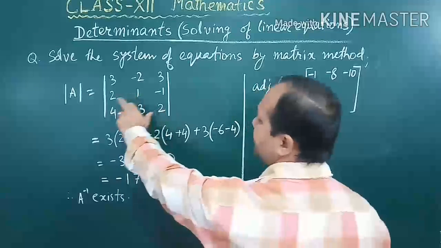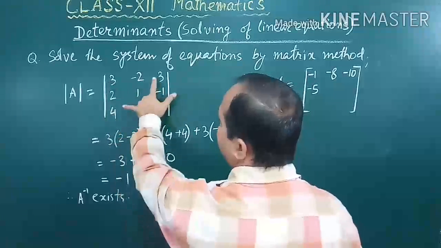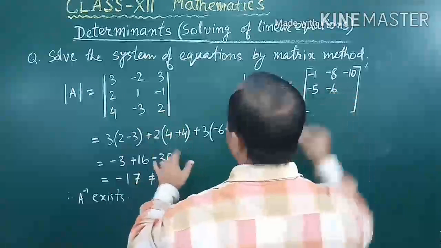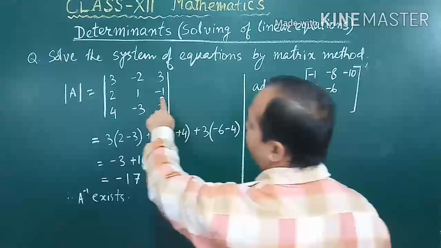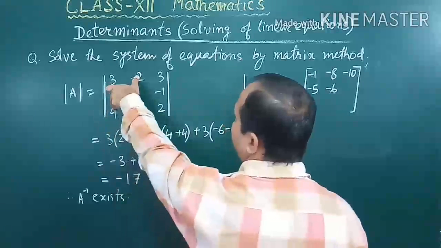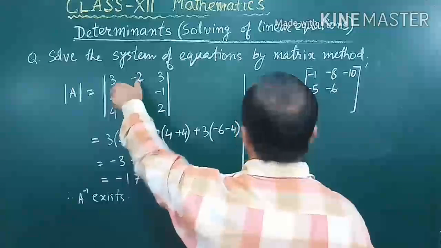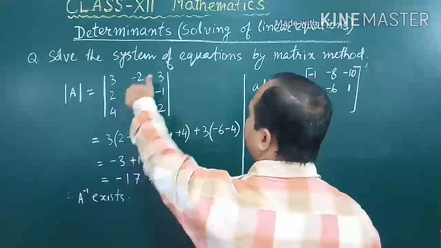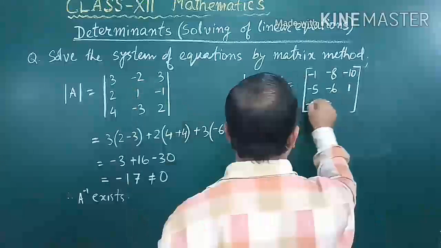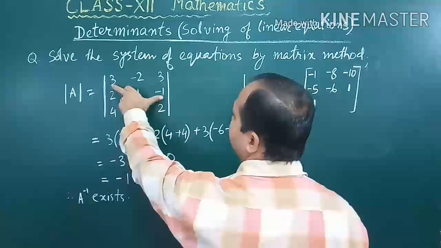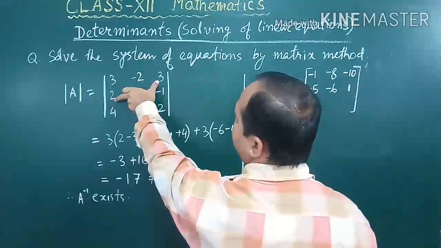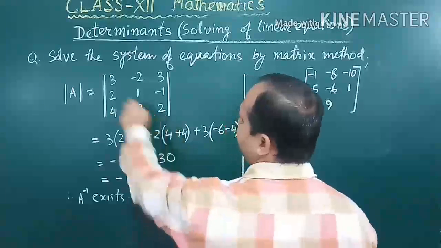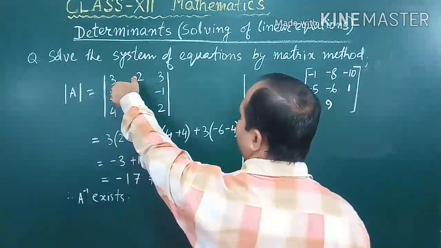Cofactor of 1 is 6 minus 12, so it is minus 6. Next, for minus 1 it is minus 9 plus 8, so it is minus 1, meaning plus 1. For 4 it is 2 minus 3, minus 1. For 3 it is minus 3 plus 6. For minus 3 it is minus 6 minus 3, minus 9, so it is 9. And for 2 it is 3 plus 4, it is 7.